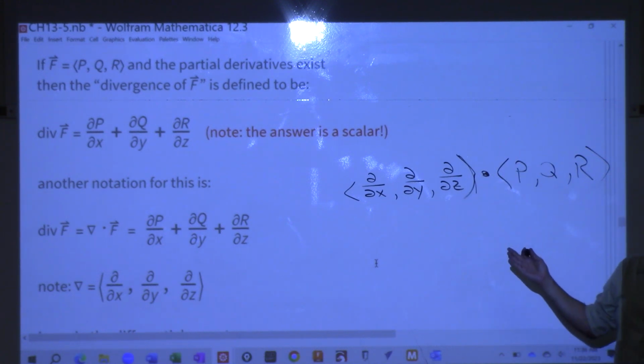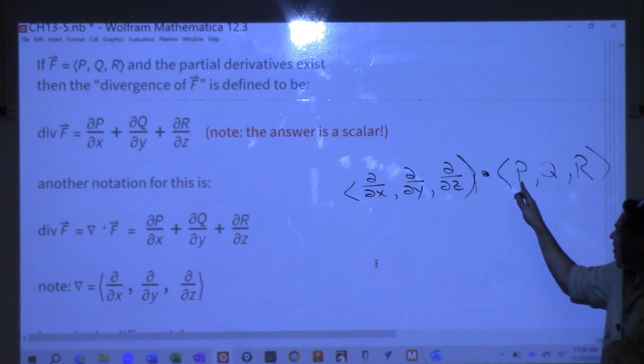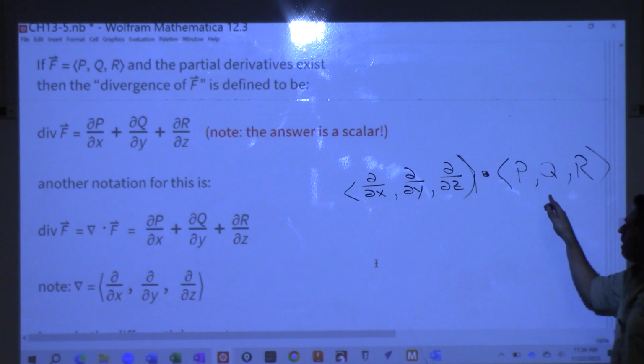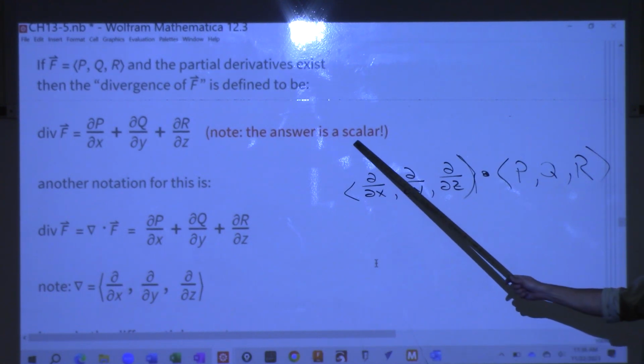It's the same thing, but we don't have multiplication, we just have an operation. Partial with respect to x of P plus partial of Q with respect to y plus partial of R with respect to z. So that's your divergence. Your answer is a number, a scalar.